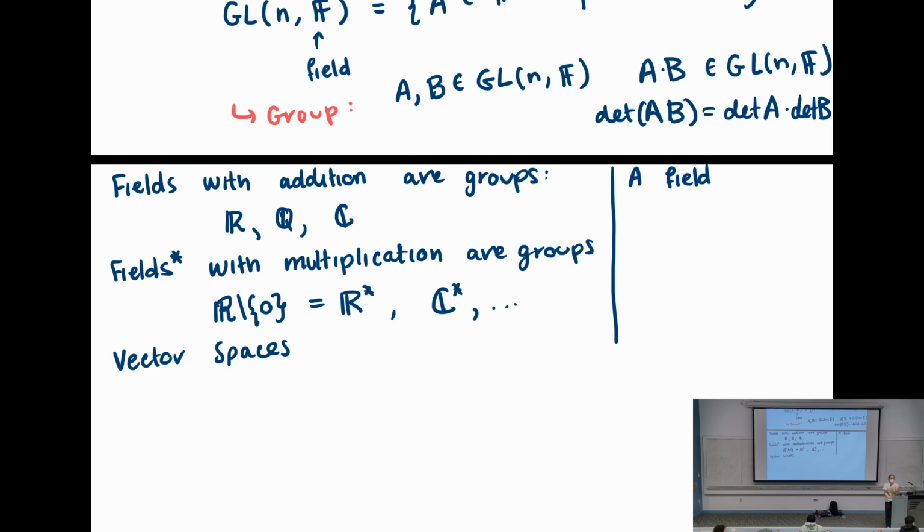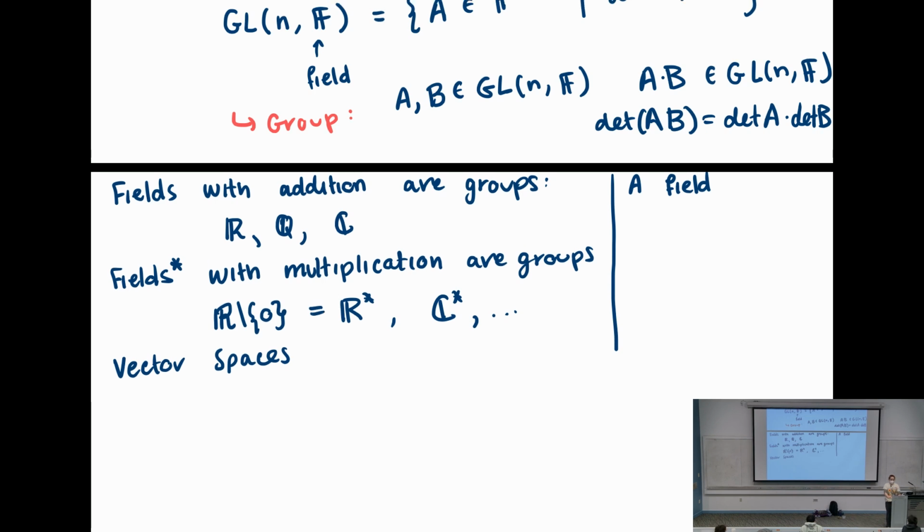A field is a set with 2 operations, and then there's a bunch of assumptions about what the operations satisfy, maybe 8 axioms. I'm not going to list all of them out, but if you want to talk about that more, we can. Just know that R, Q, and C are examples.